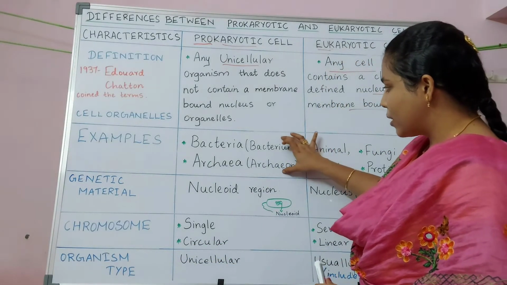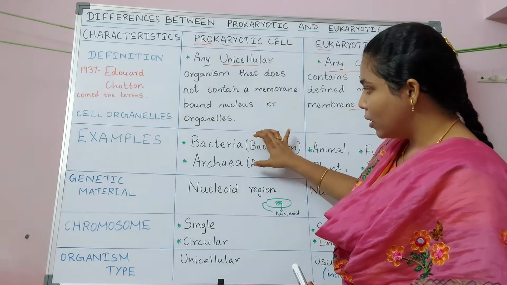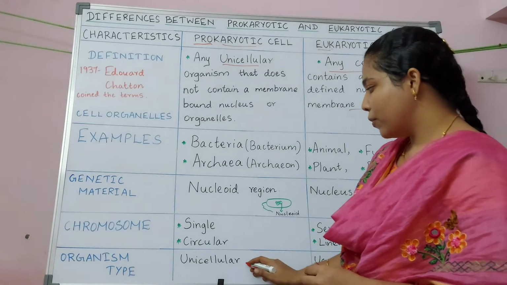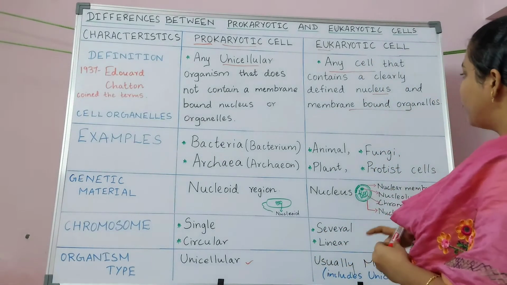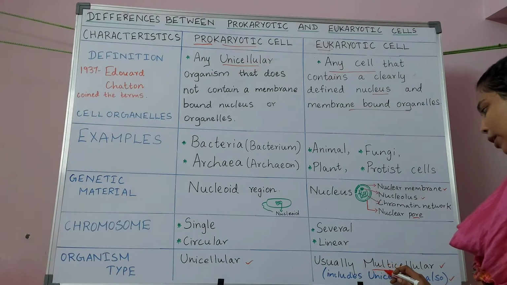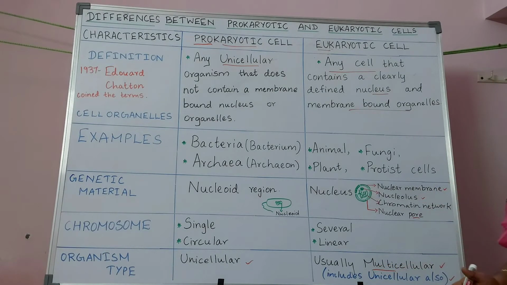From this example itself we can understand that prokaryotic cell is present in unicellular organisms, but eukaryotic cell includes both multicellular and unicellular organisms, but predominantly multicellular organisms are eukaryotic in nature.